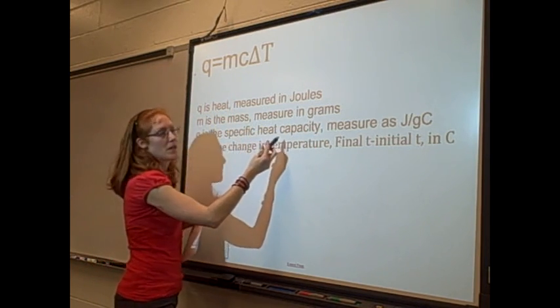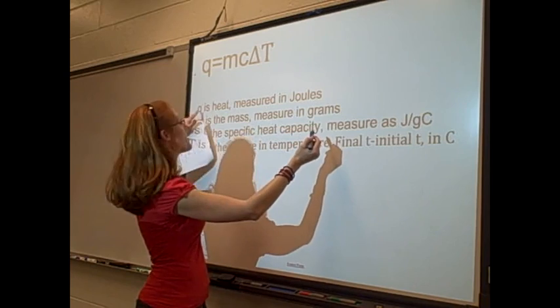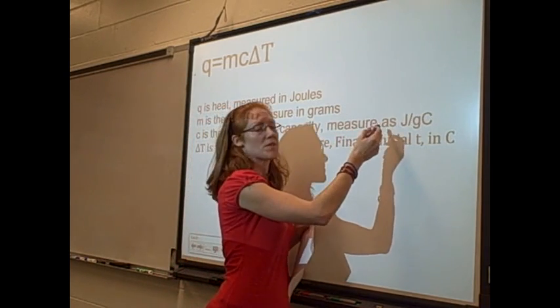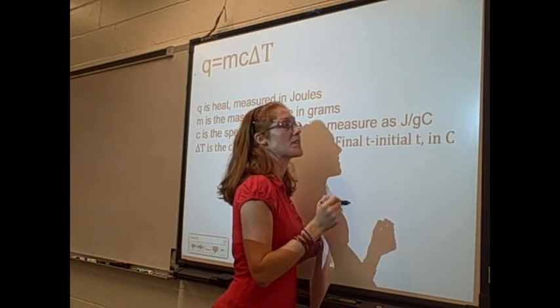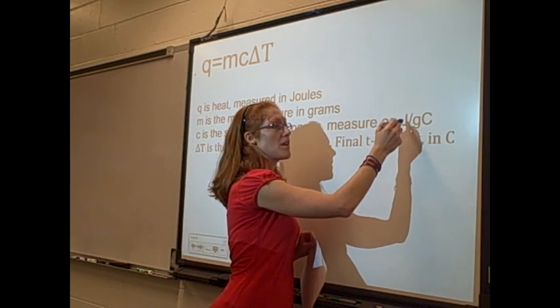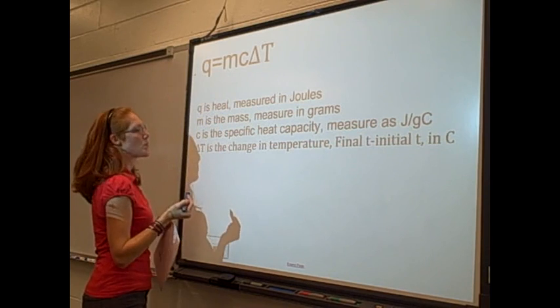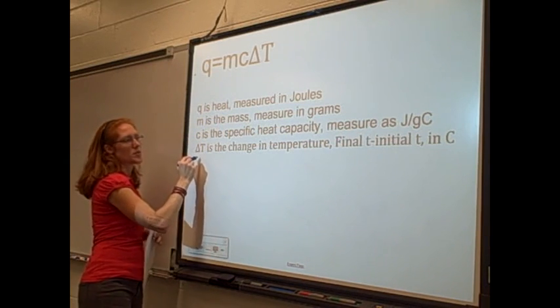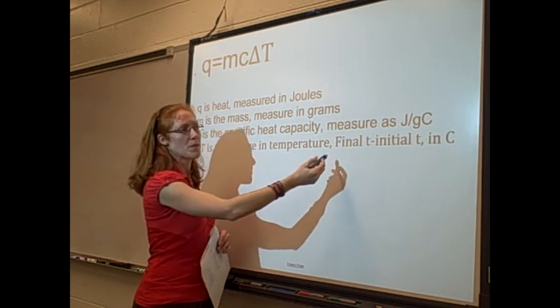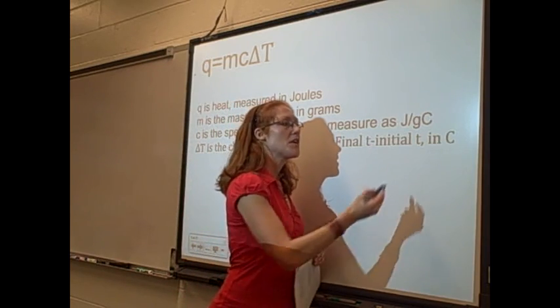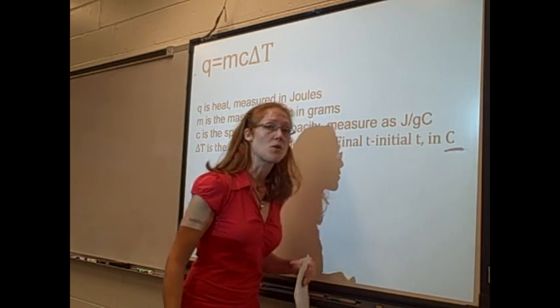C is the specific heat capacity. If you're measuring this in joules, then you'll have your specific heat capacity in joules per gram degree Celsius. If you're given this in calories per gram degree Celsius, then you're going to want to have your heat measured in calories as well. And change in temperature is going to be the final temperature minus the initial temperature, and we can measure it in Celsius or in Kelvin.